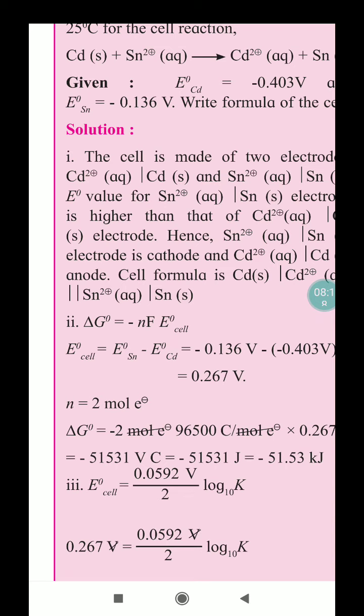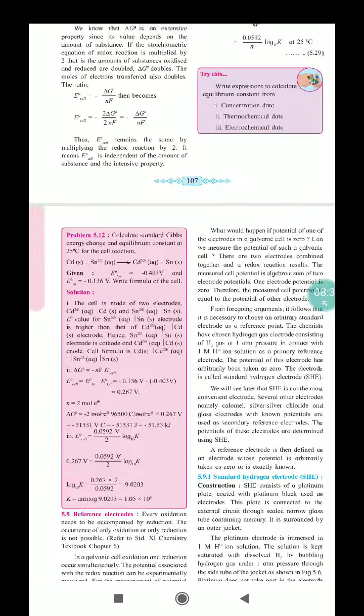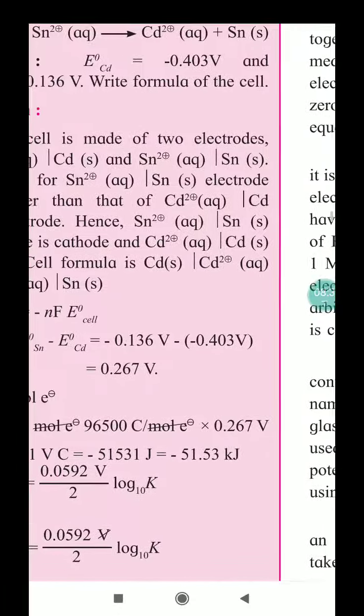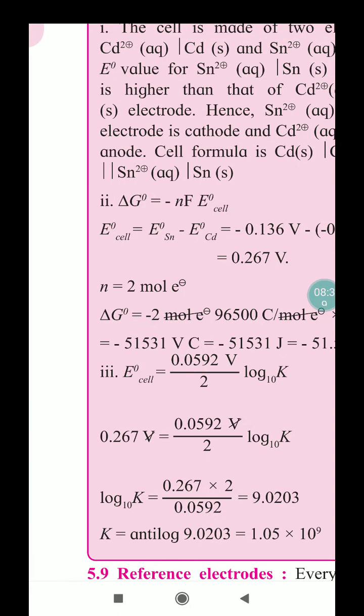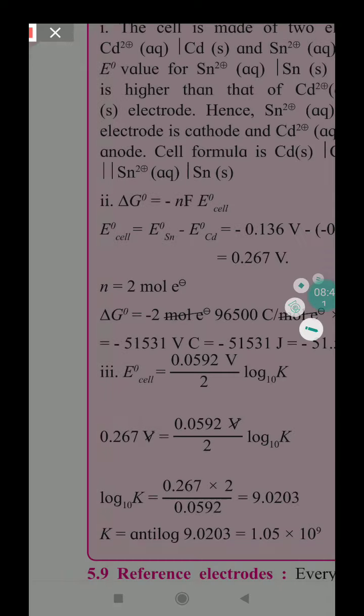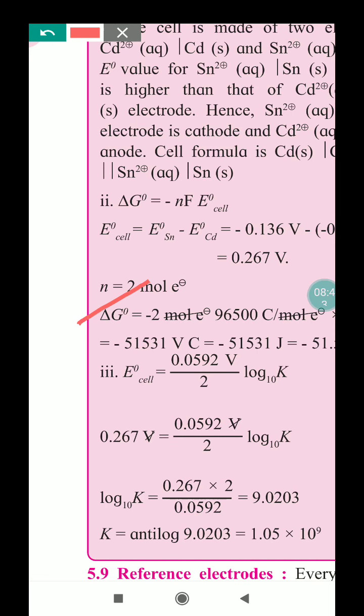So here Sn is given as minus 0.136 volt, minus minus 0.403 volt for cadmium, which on calculation gives the standard EMF of the cell as 0.267 volt.